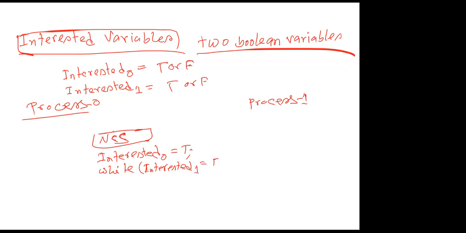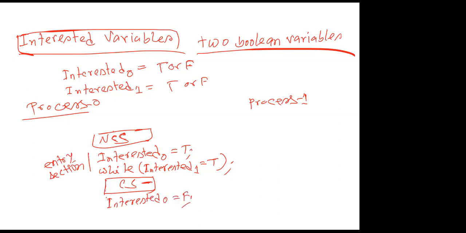If it is T, it stays inside this while loop; otherwise it enters the critical section. This is the entry section for the critical section. The exit section code makes interested 0 equal F, false. And this is the code.